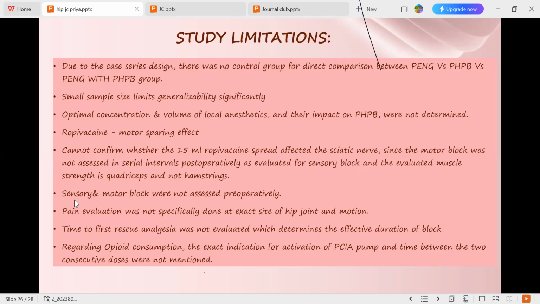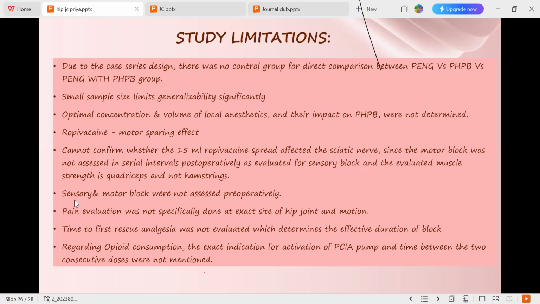So they should have done the sensory and motor assessment of the sciatic nerve both pre-operatively and immediately post-operatively, so that we can differentiate that the sciatic nerve is not involved by our block.